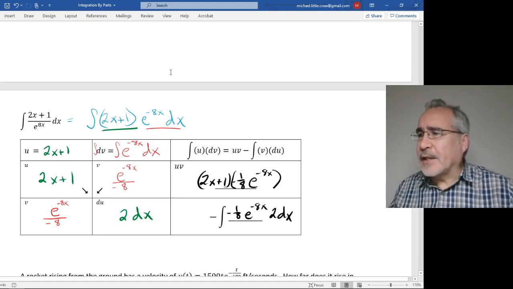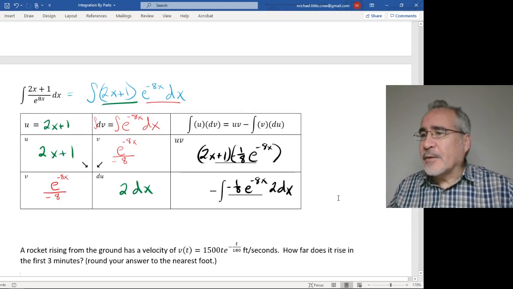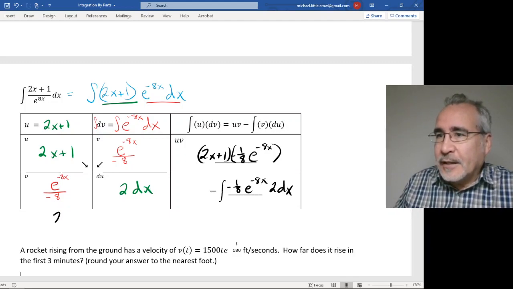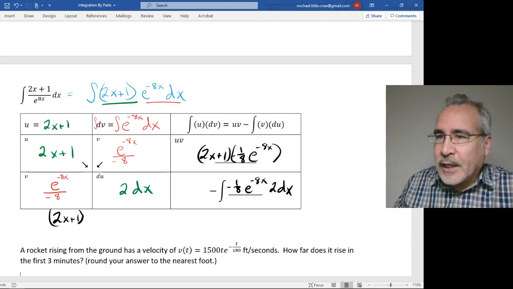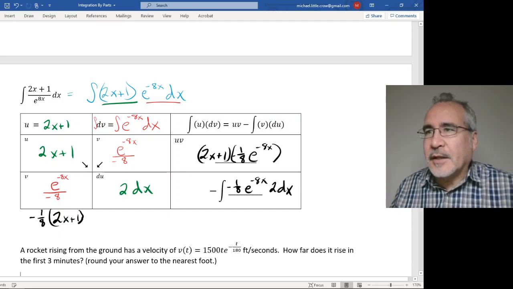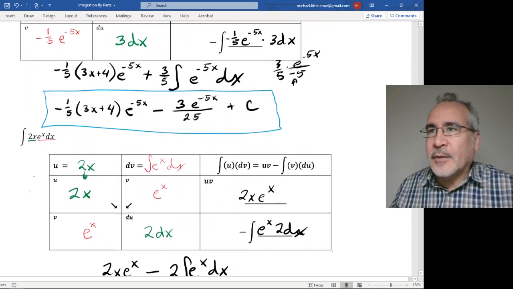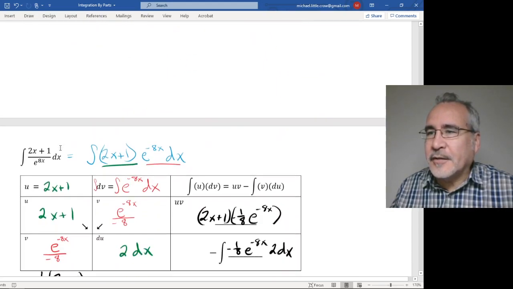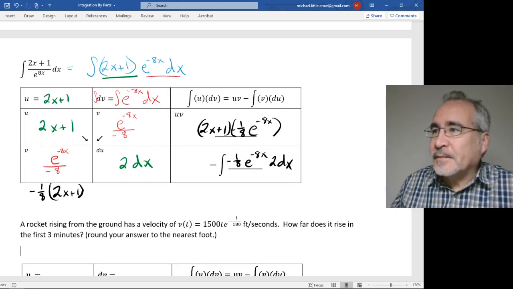I didn't give myself a lot of room, but I think we're going to be okay. So we get 2x plus 1. Just like last time, I'm going to move the minus 1/8 to the front. Let me check something. Did I make it a minus 1/8? I did. Good. I caught my minus 1/8. Sometimes I forget those negatives. Just had to check. Okay.